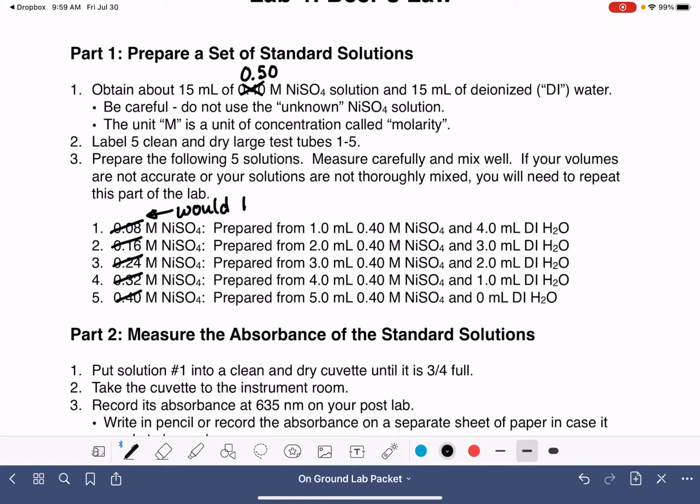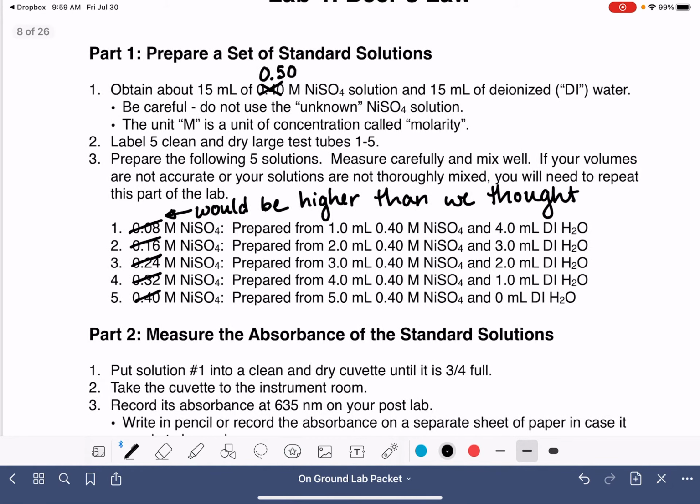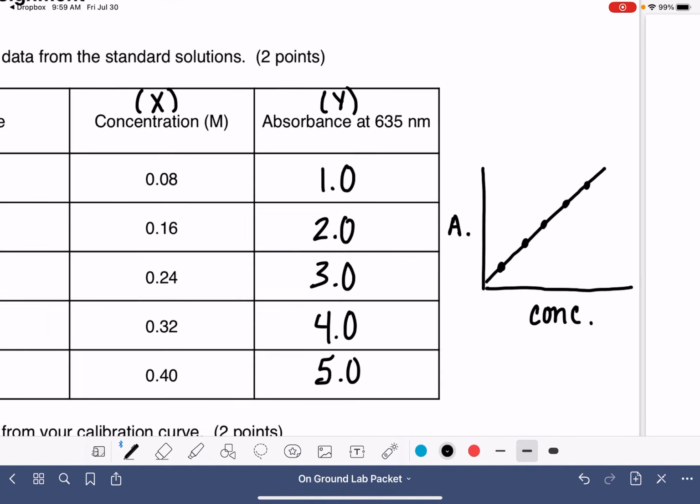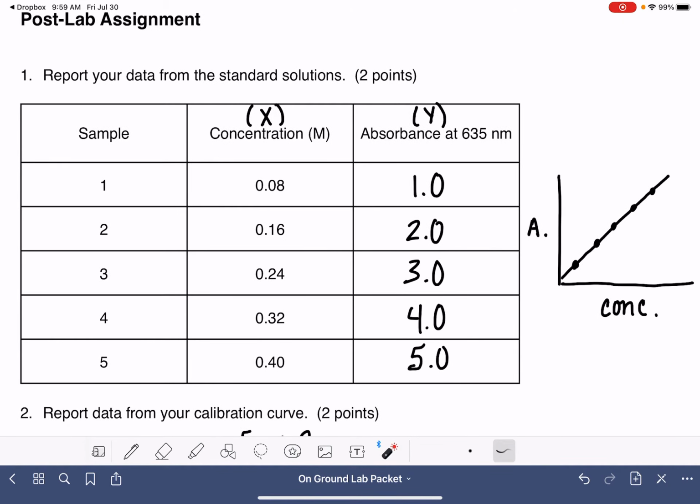They would be higher than we thought, or than we realized. So if all of those numbers are actually higher than what we thought, this is going to have an effect on our calibration curve. On our calibration curve, we will have plotted this beautiful data based on these values of the concentrations.